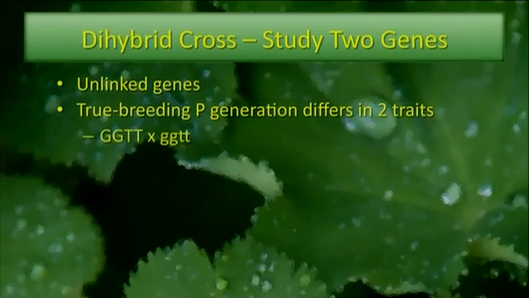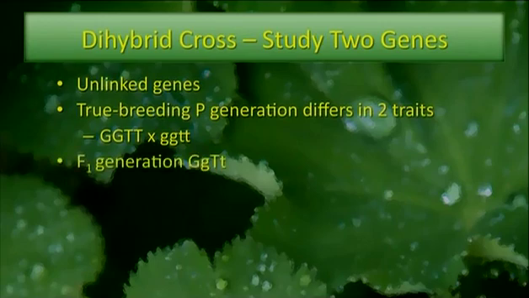So for example, we have big G, big G, big T, big T, crossed with little g, little g, little t, little t. That means green podded, tall, crossed with yellow podded, dwarf. Okay?